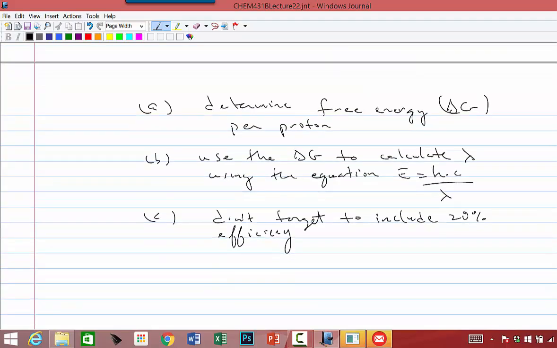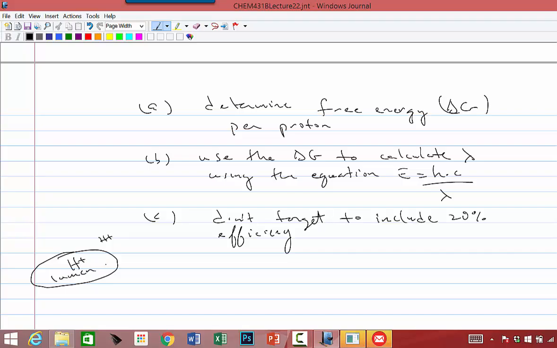So we know that the delta G, so let's go ahead and just draw our membrane here. I like to draw these little figures to help me out. So we have a large amount of protons on the inside of the thylakoid, a small amount of protons on the outside. This is called the lumen. Okay.